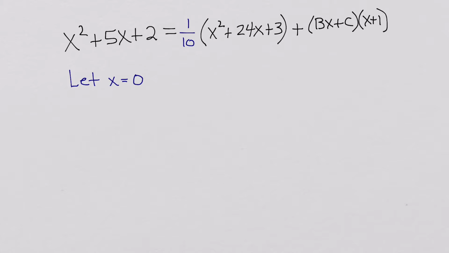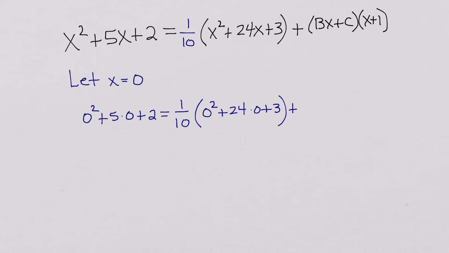So when I substitute that in, I get 0 squared plus 5 times 0 plus 2 equals 1 over 10 times 0 squared plus 24 times 0 plus 3 plus, then we have b times 0 plus c times 0 plus 1.